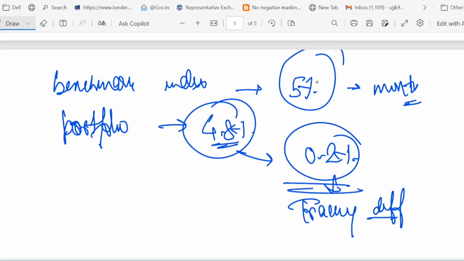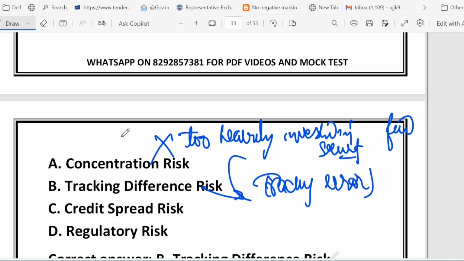The difference of 0.2% is the tracking difference. There can be many causes of this tracking error, like transaction cost, timing of trade, and slightly different security selection. So the portfolio manager monitors this carefully to make sure that fund returns are very close to the benchmark. That's why option B is the correct answer.